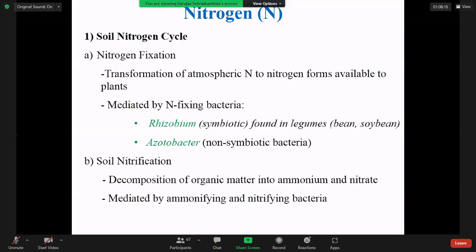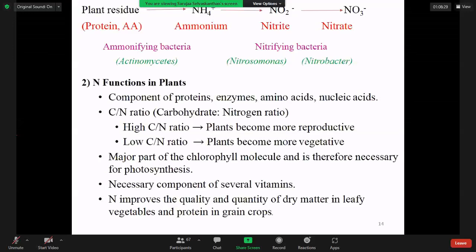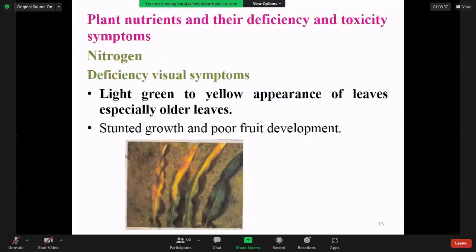What are the bacteria related to nitrogen fixation? Nitrosomonas bacteria, Nitrobacter. Okay, nitrification. You just have to know Nitrosomonas and Nitrobacter, and the function of nitrogen and its deficiency symptoms.